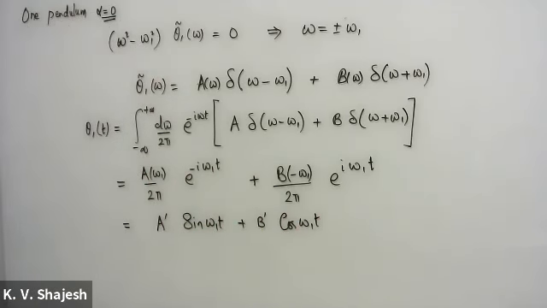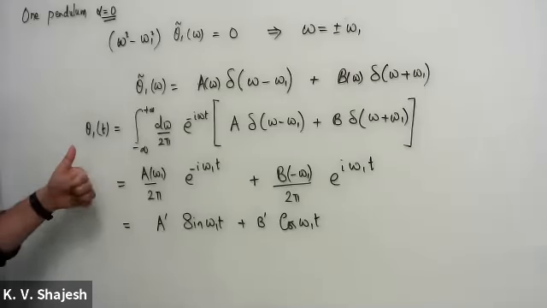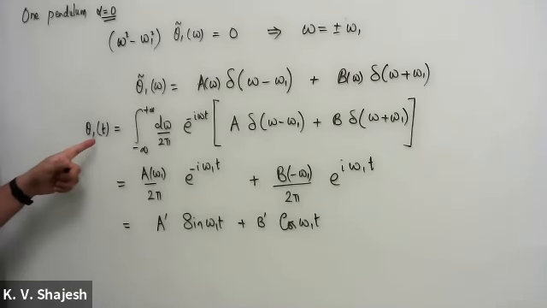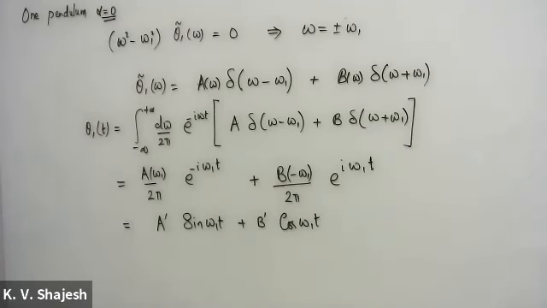It's not that I know what A and B are, but those are fixed using initial conditions, correct? Like if it was a simple pendulum, these get fixed using the initial condition. I need to know what is theta 1 at t equal to 0 and theta 1 dot at t equal to 0. And that fixes that, correct? Or in a simple pendulum.